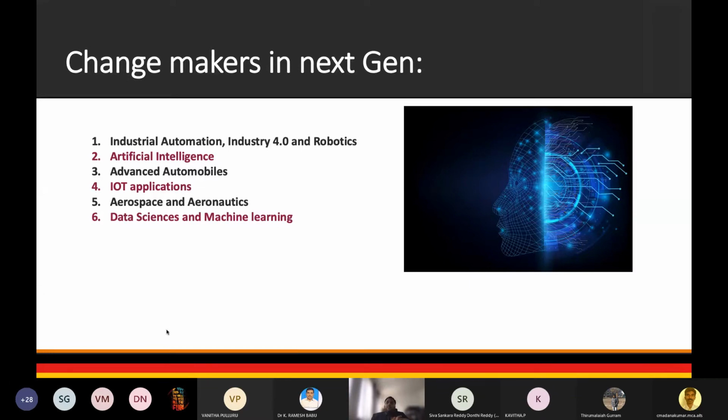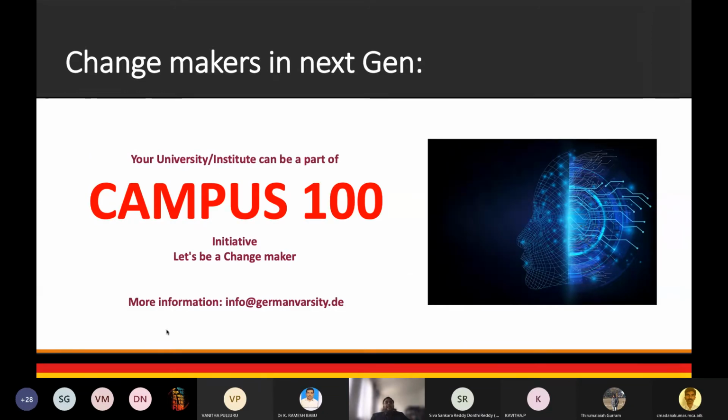This is the reason we strongly believe in change making through the Campus 100 activity, where 100 campuses in India are invited. And I am also very happy to inform you that we'll be launching this with the support of the Consulate of Frankfurt, Germany on the 6th of July.